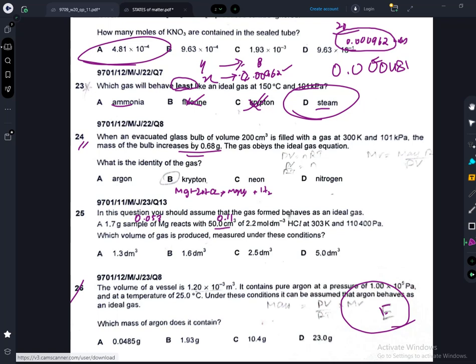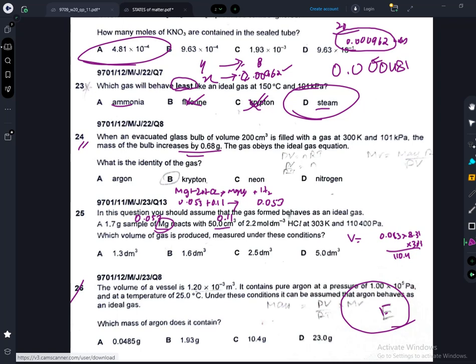If 0.053 moles of magnesium is reacted with 0.11 moles of HCl, the mole ratio is the same, so 0.053 moles of H2 would be produced. Then 0.053 moles into 8.31 into temperature 303 divided by 110.4, and then you will get the volume.